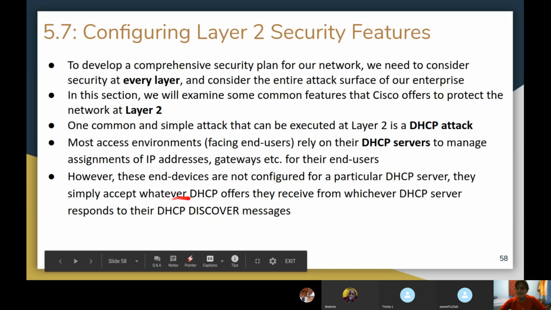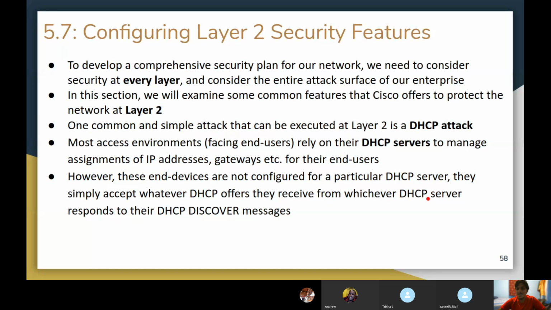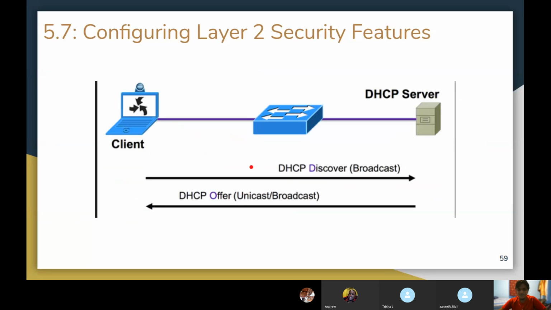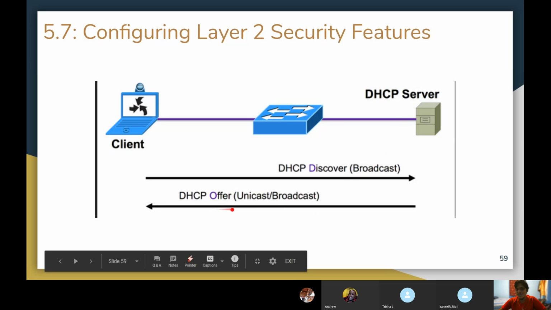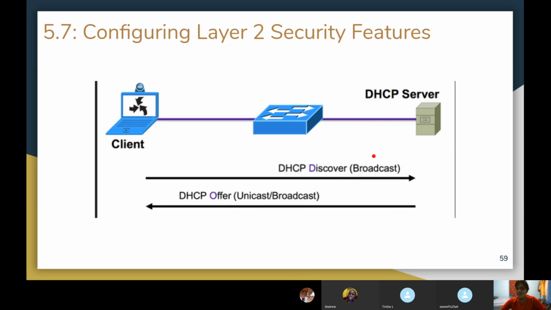So your client will just accept whatever offer it receives from whichever DHCP server. And this is obviously a huge problem, right? So in a typical environment, you want something like this: one client sending out this DHCP discover, which is a broadcast message, and one DHCP server responding with an offer. But if you have multiple DHCP servers, then you're not sure exactly what's going to happen there.